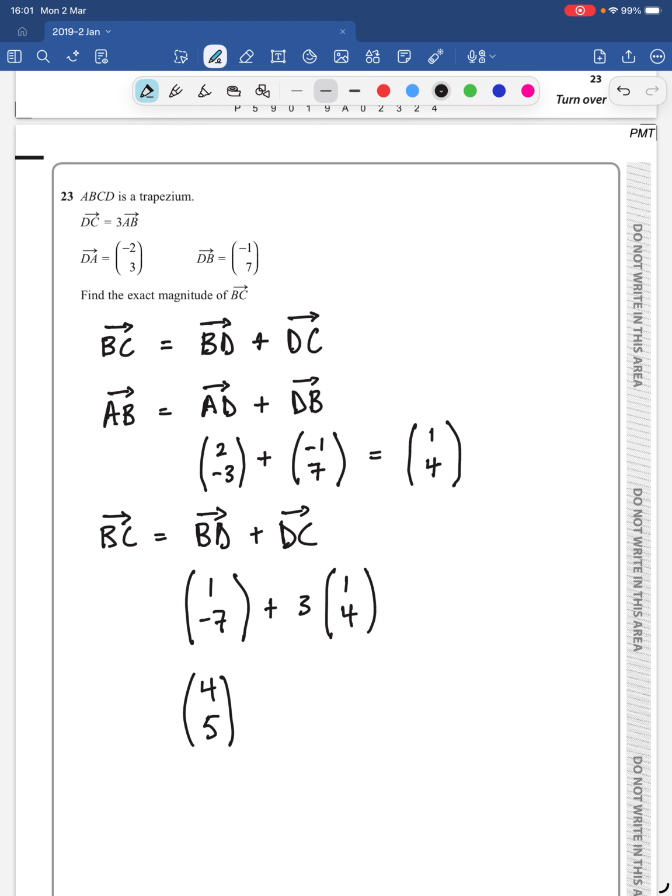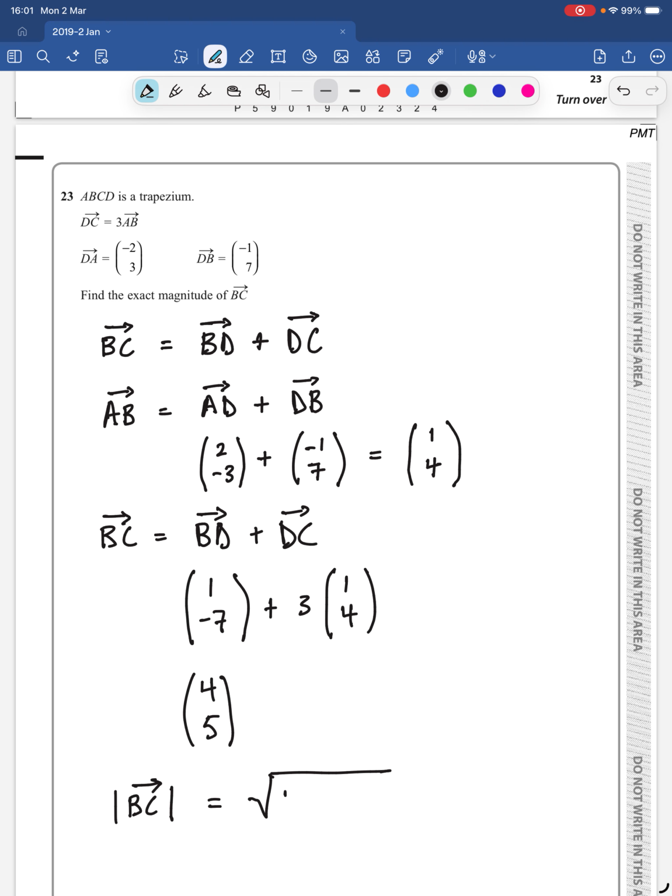Now the magnitude of BC, which is written like that, is just the length of the vector. And it's very natural to use Pythagoras' theorem because this is a change in x over a change in y.